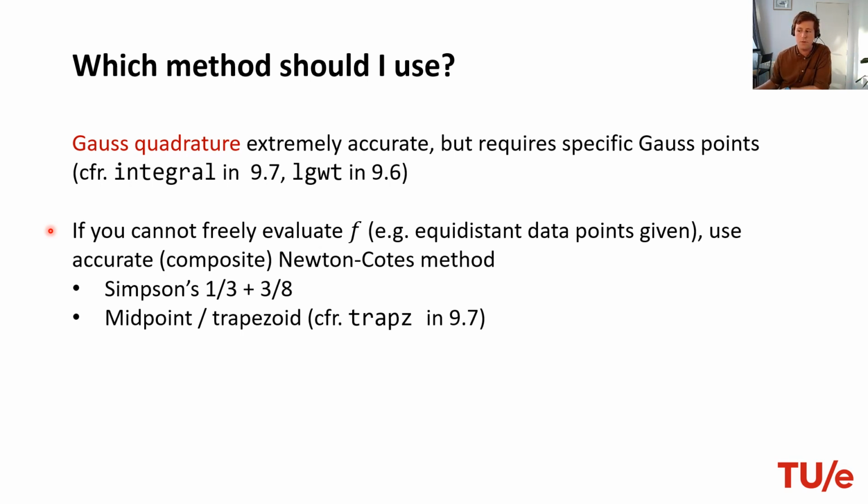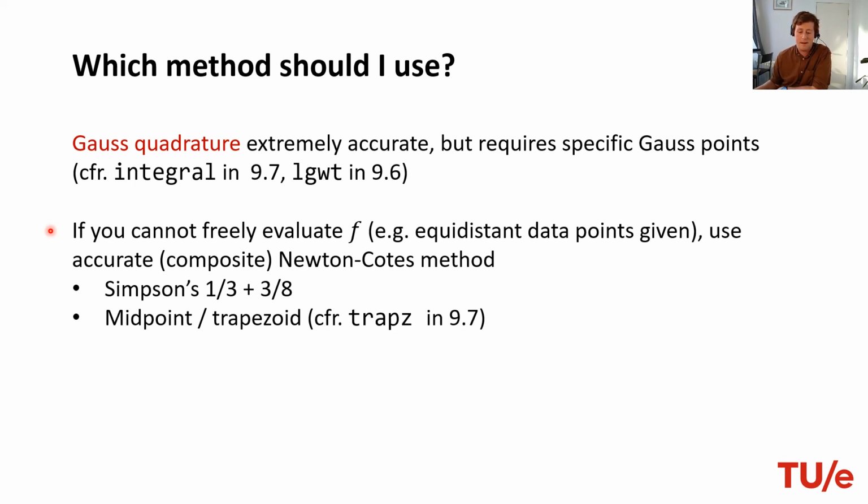This can be due to many reasons, but for instance, you could have f only as a table where you are given equidistant data points, so equidistant values for x and corresponding function values. And you still have to do a numerical integration there. This can be problematic because this completely disallows you to do Gauss quadrature.